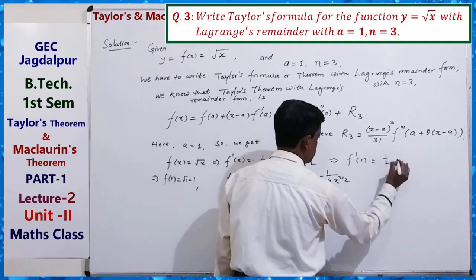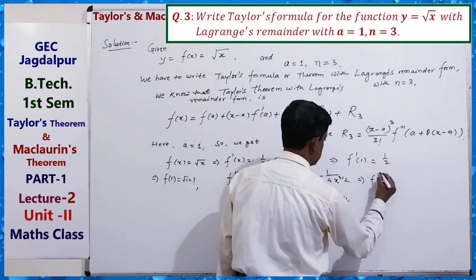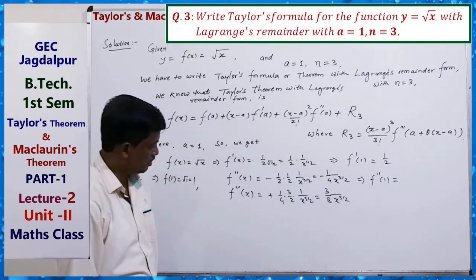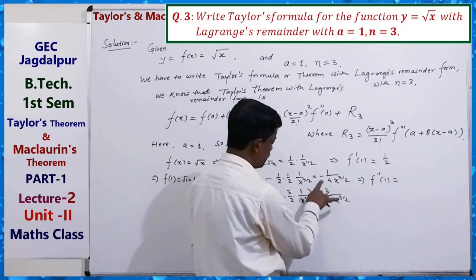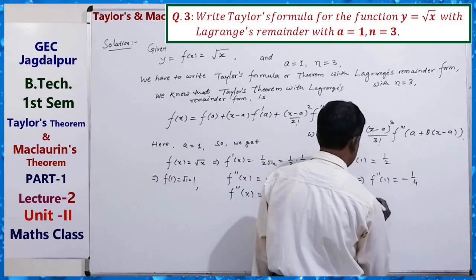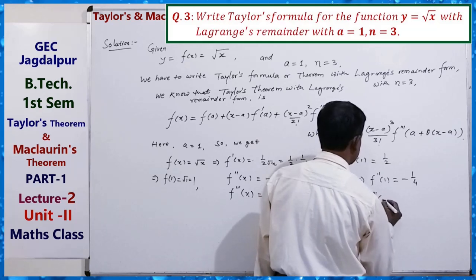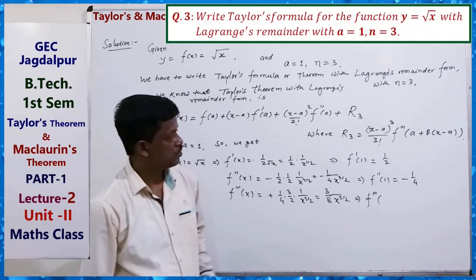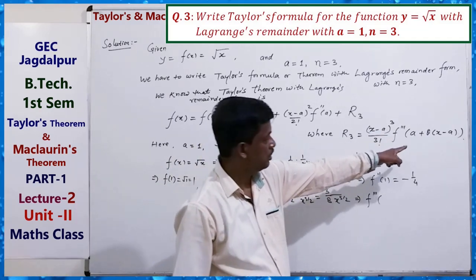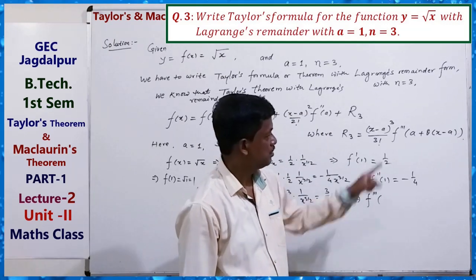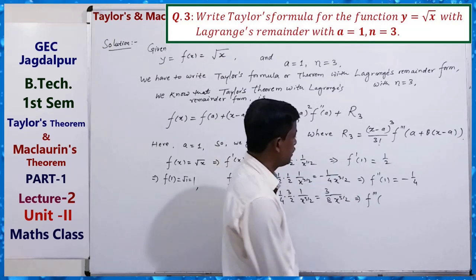F double dash 1 is equal to minus 1 by 4. Here f triple dash of a plus theta (x minus a), where a equals 1. So here we have to write what?